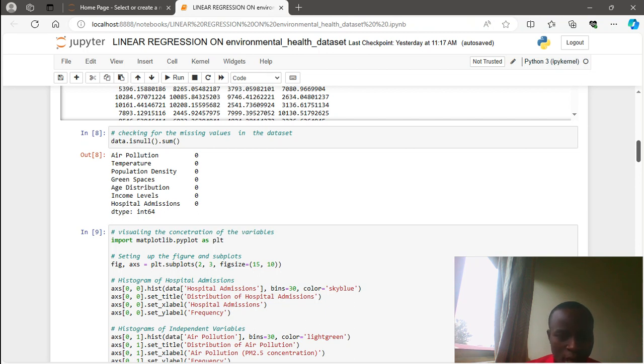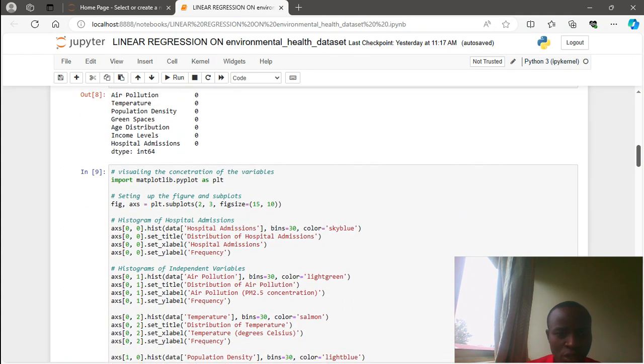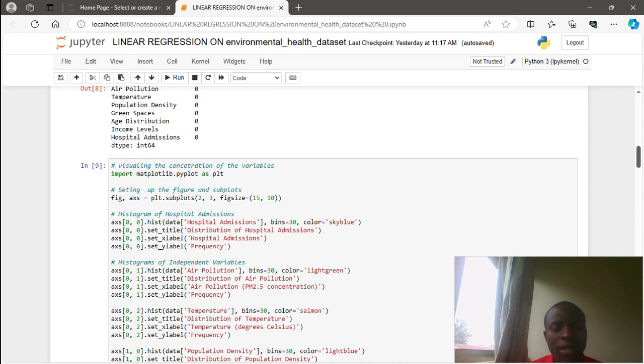So I had to visualize how hospital admissions and the independent variables are distributed by using a subplot. Then I had to use the library matplotlib.pyplot, which I imported as plt.